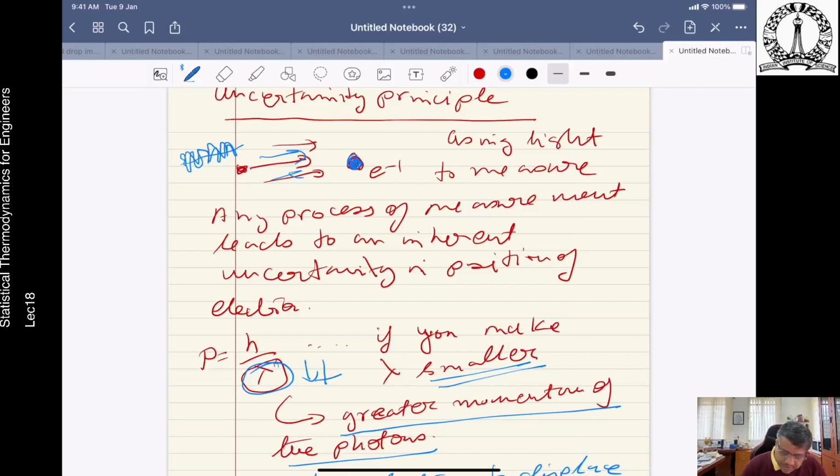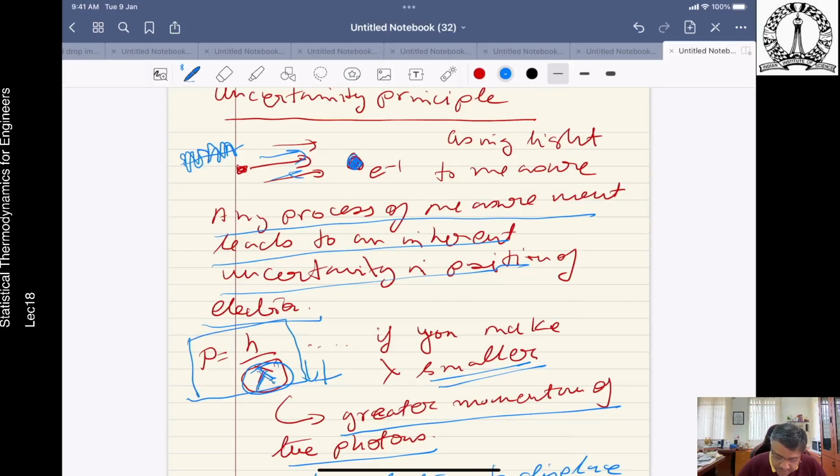But what will happen is that the photon is bombarded on the electron, so the electron's position is going to be moved because of the impingement by the photons. You want to avoid that. You want precision, which means you have to make lambda smaller.